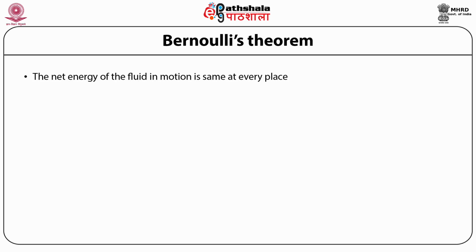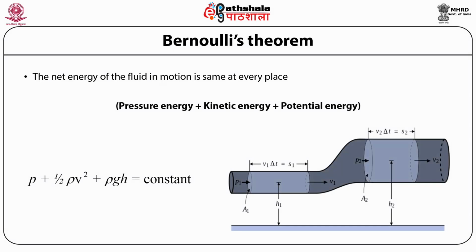It has the pressure energy plus the kinetic energy plus the potential energy. The sum of all these energies has to remain constant throughout the whole fluid. If at some points you have smaller kinetic energy because of smaller velocity of the fluid component, then there is a change either in the pressure energy or the potential energy, and so on.